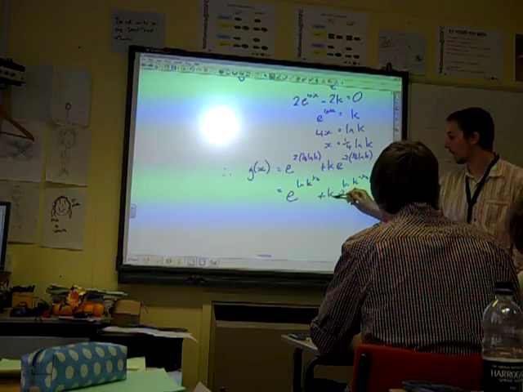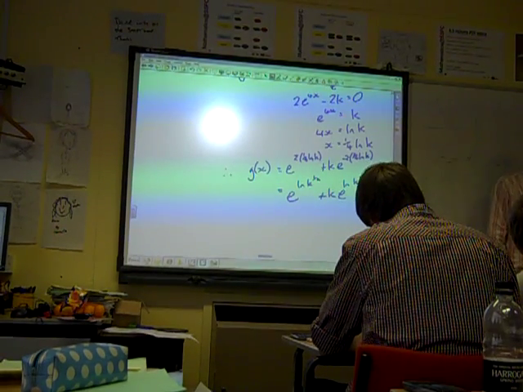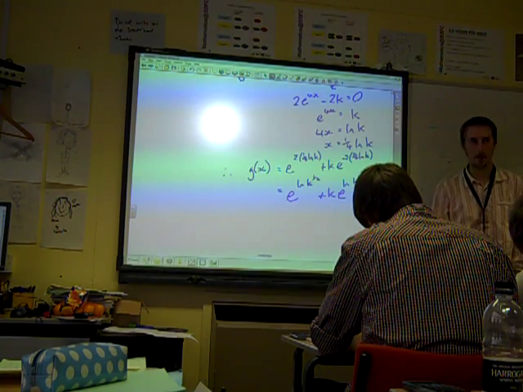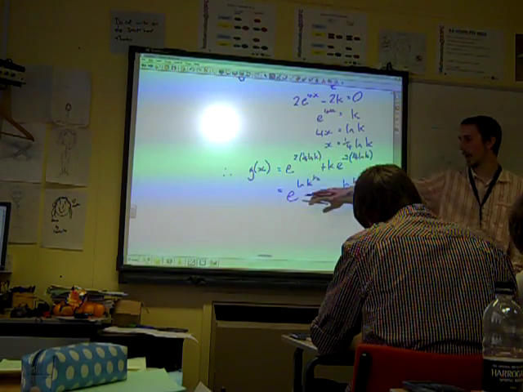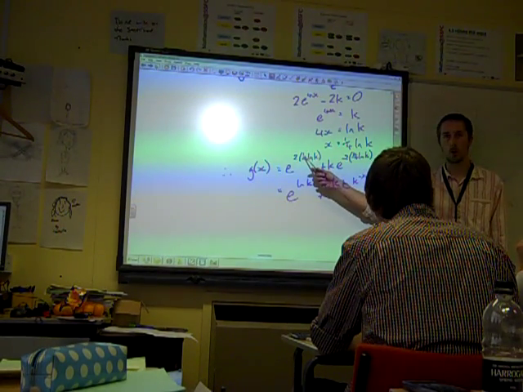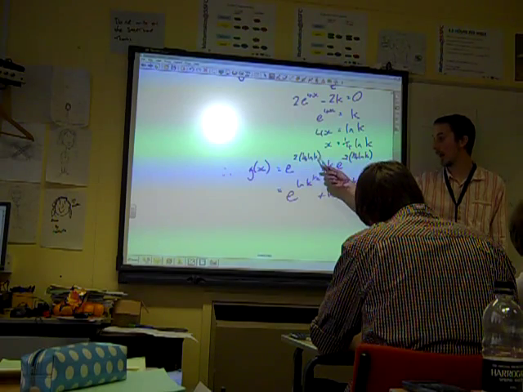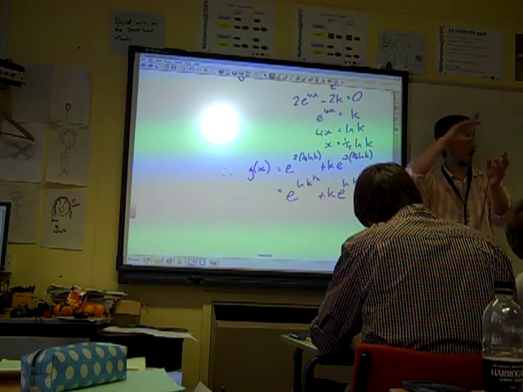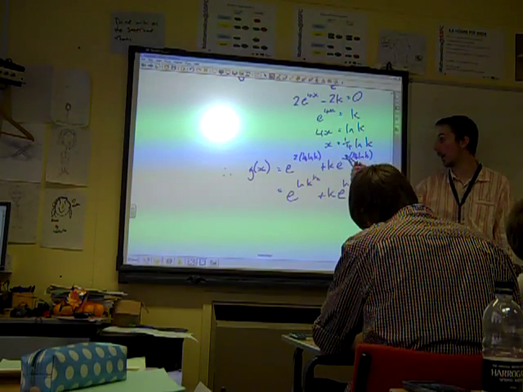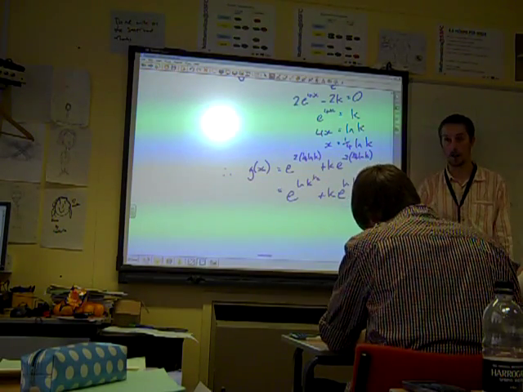Just have a moment to make sure that you can get from there to there. We've got 2 times a quarter, so it's half of ln k, and of course that can go up as a power of k, so it's ln k to the half. And here we've got minus a half, so it's ln k to the minus a half.